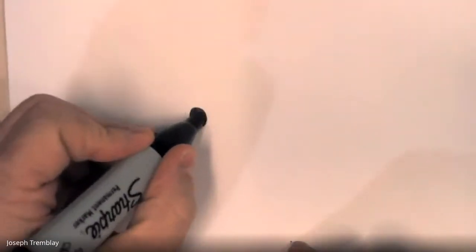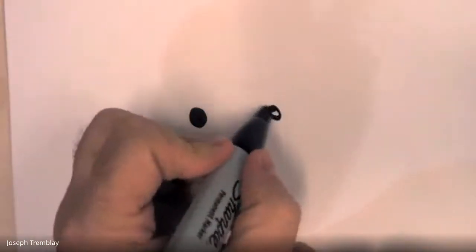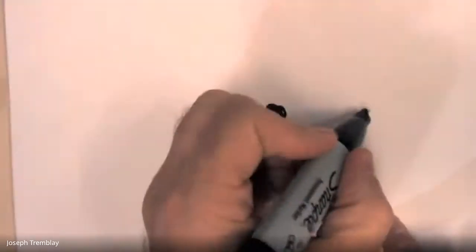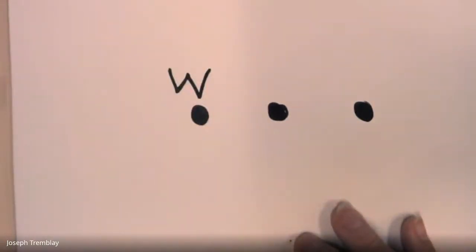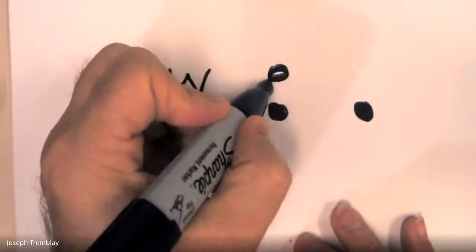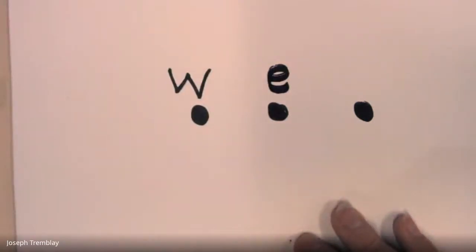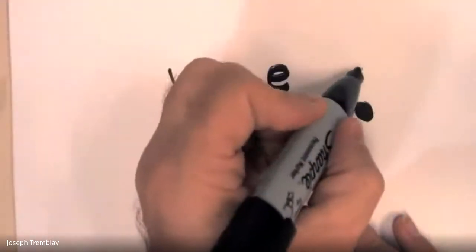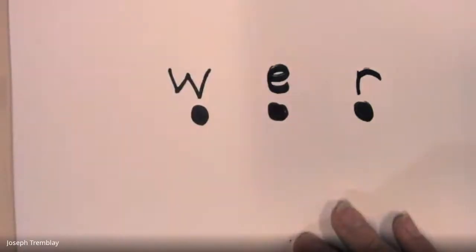And let's see, I've got a dot and I got another dot. And I got one more dot. Because I heard 3 sounds, right? What sound did we hear first? Wha. Well, sounds like that could be a W, right? Eh. That would be an E, you're right. It sounds like an R. Where?